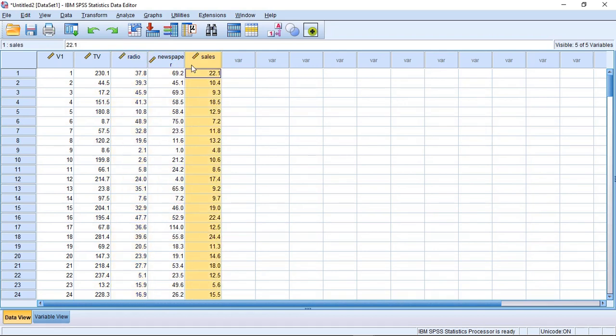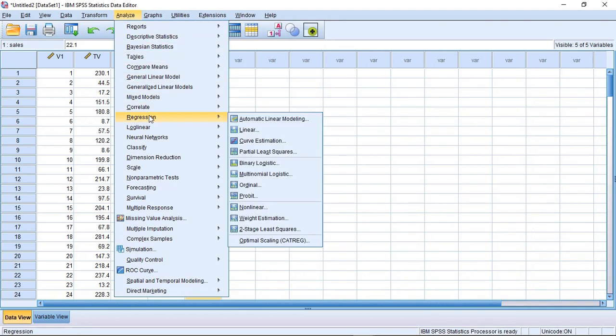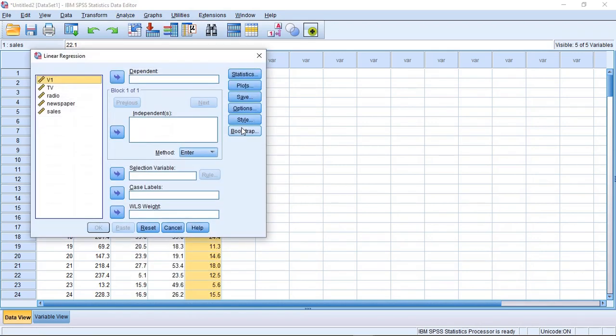So if you want to model our multiple linear regression, we go where there is analyze. Under analyze, we go to regression, and under regression, we go to linear. We click linear. This is the window which is going to pop up.